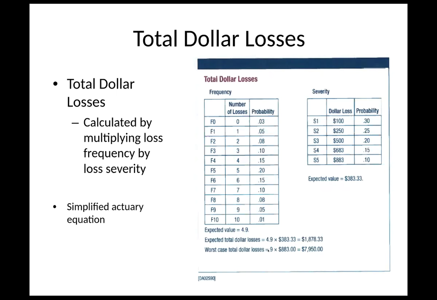Worst case dollar losses, we're going to have 9. I'm not sure why it wasn't 10 on here, but at the 883 with the probability, our worst case is that we'll have about $8,000 in losses. And this is just a really simplified actuarial equation of looking at how they would look at some of the loss figures.